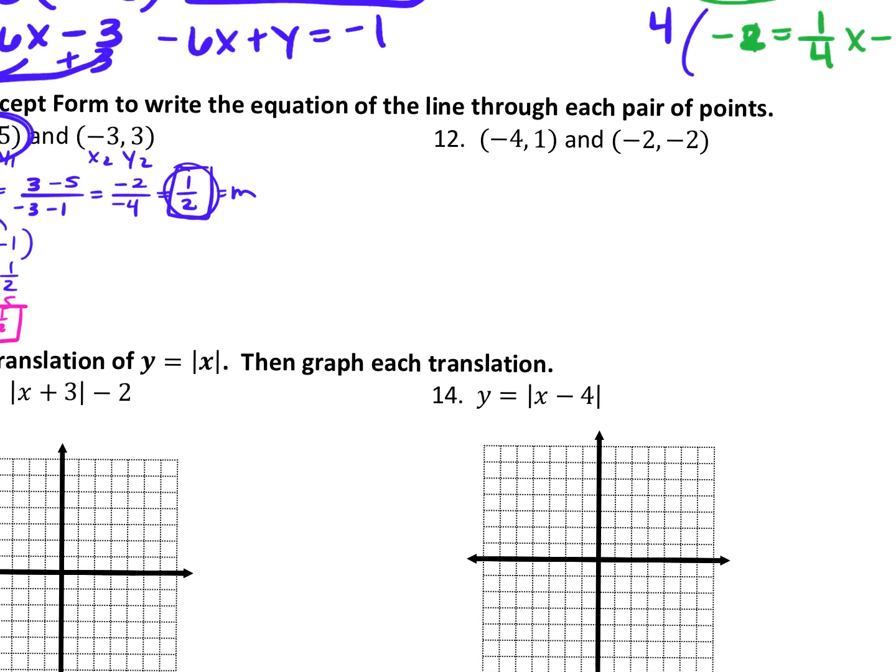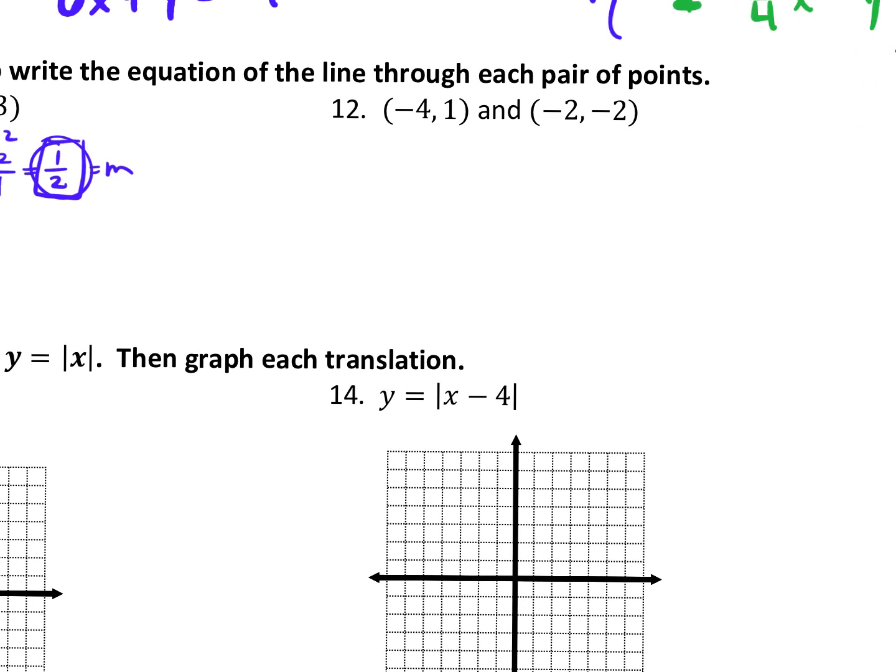Number 12. So you have x1, y1, and x2, y2. So it's going to be y2 minus y1 over x2 minus your x1. So that's a -3, and this would be plus a positive. -2 plus 4 is 2.